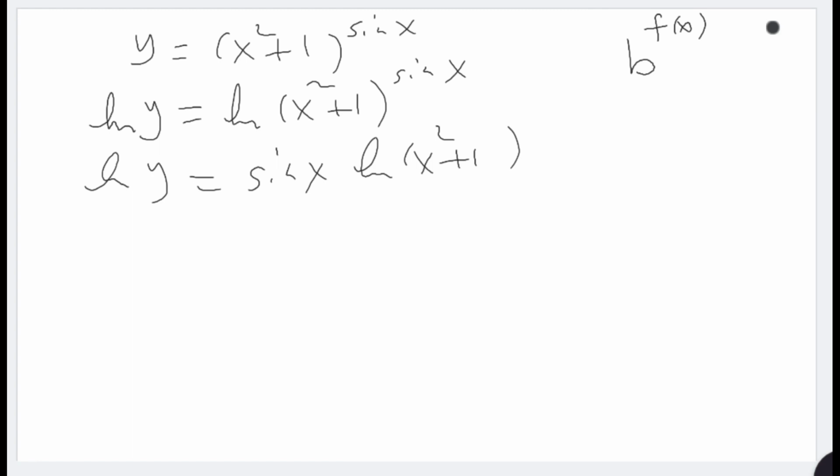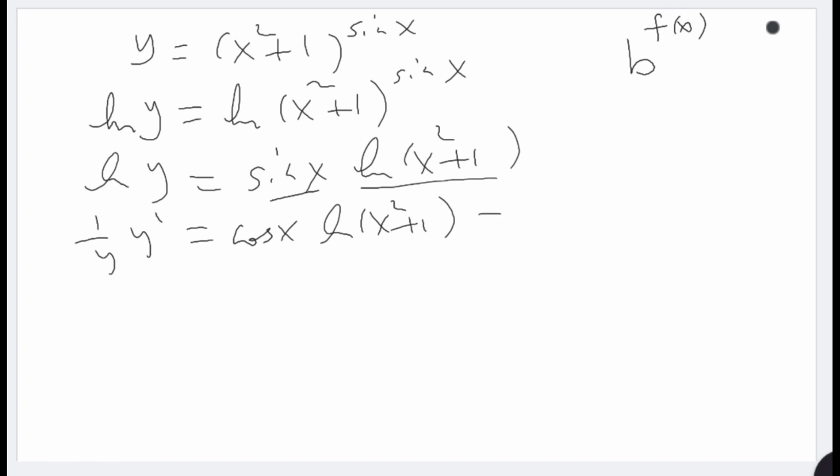Okay, so now let's differentiate: 1 over y times y prime. The right side is a product, don't forget. So we're going to do the product rule: derivative of the first one, derivative of the second one.